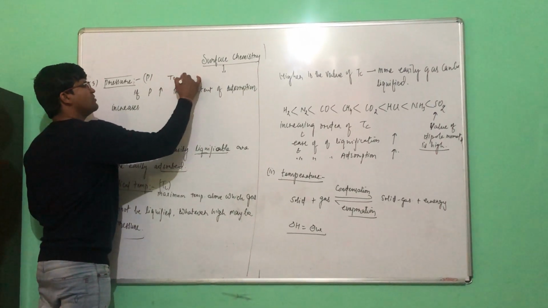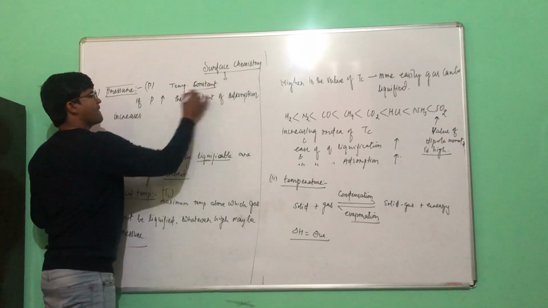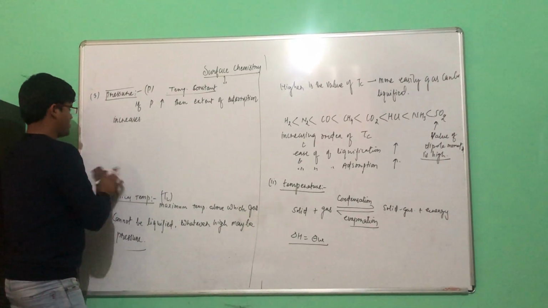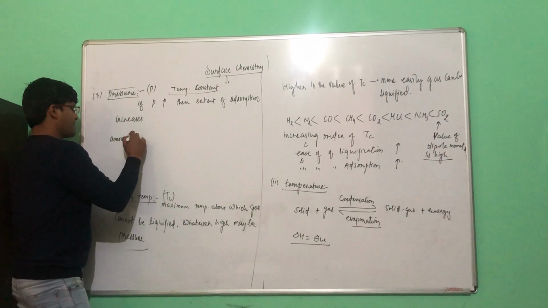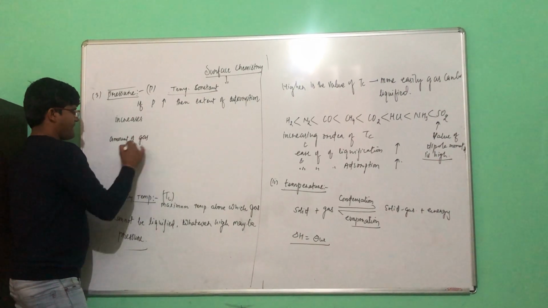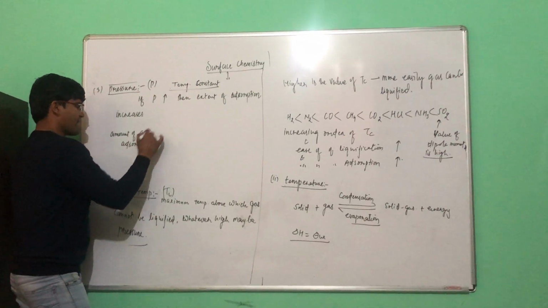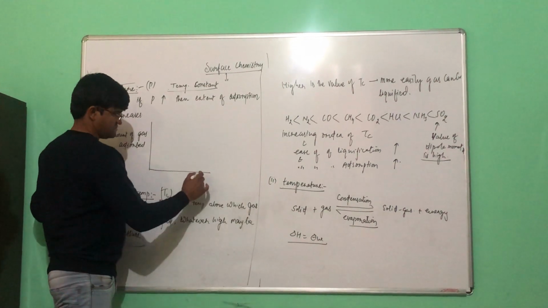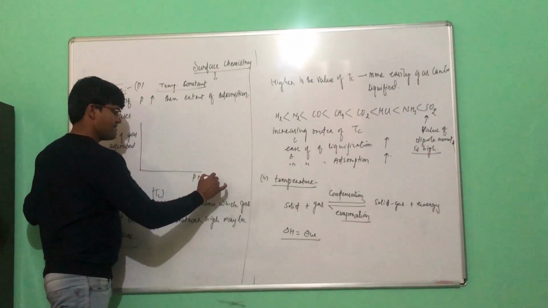Here temperature should be constant. On the graph, the amount of gas adsorbed is on one axis and pressure on the other.